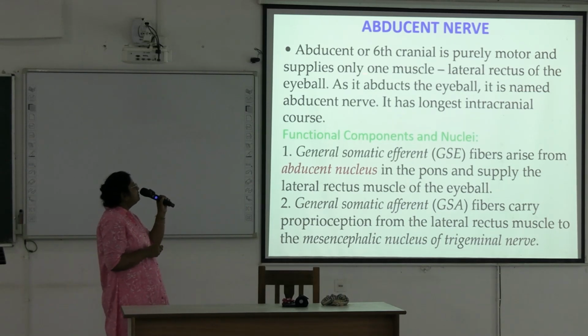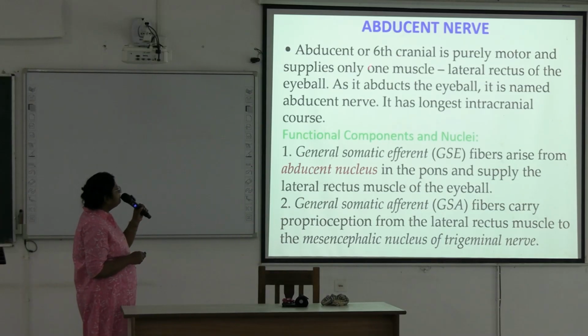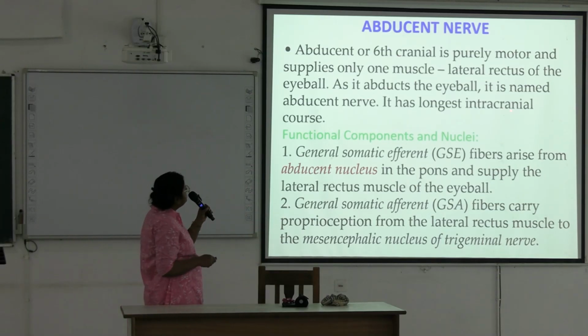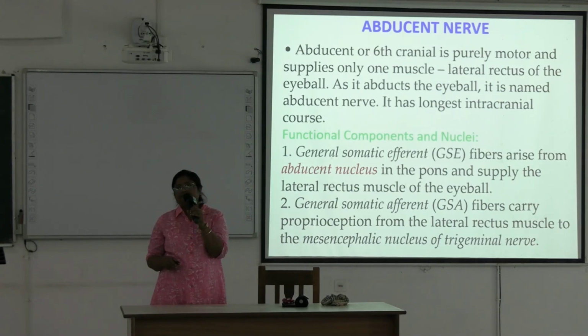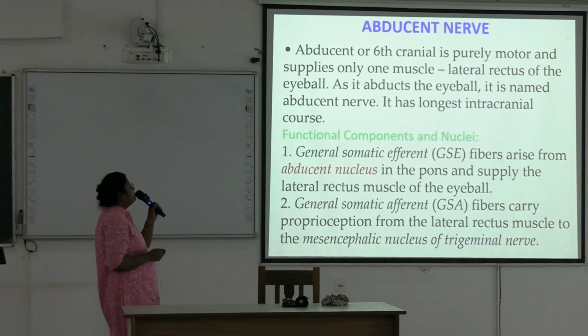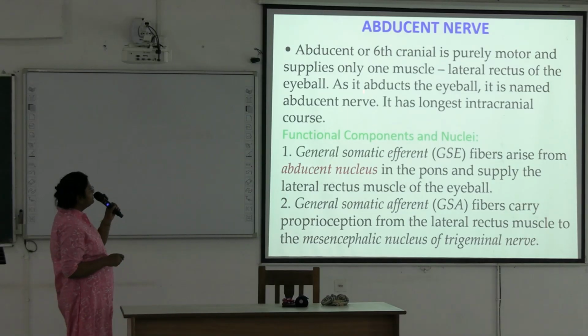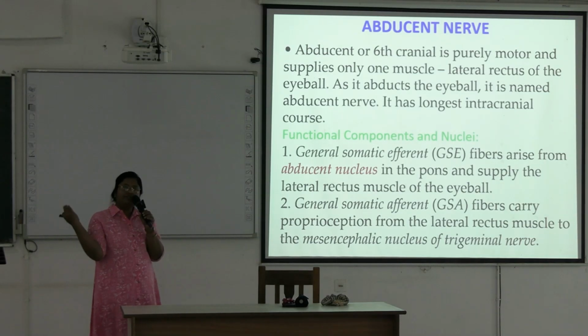The abducent or sixth cranial nerve is purely motor and supplies only one muscle, the lateral rectus of the eyeball. The lateral rectus function is abduction of the eyeball.